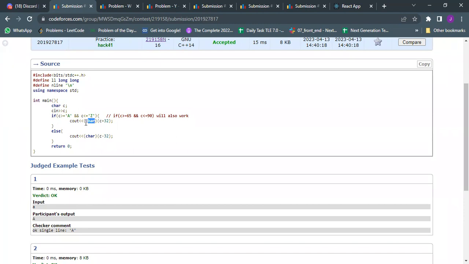For that, you have to write character before that, right? Otherwise, it will be converted into integer. And if that's not the case, then in the else part, you have to subtract 32 from it and print it. Okay. So any doubt? Here you can use ASCII values as well. If you write C greater than 65 and less than 90, then it will also work.